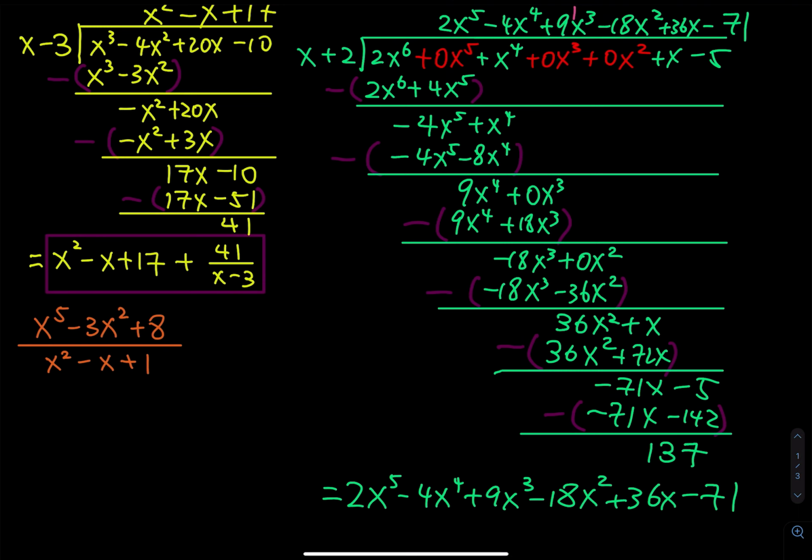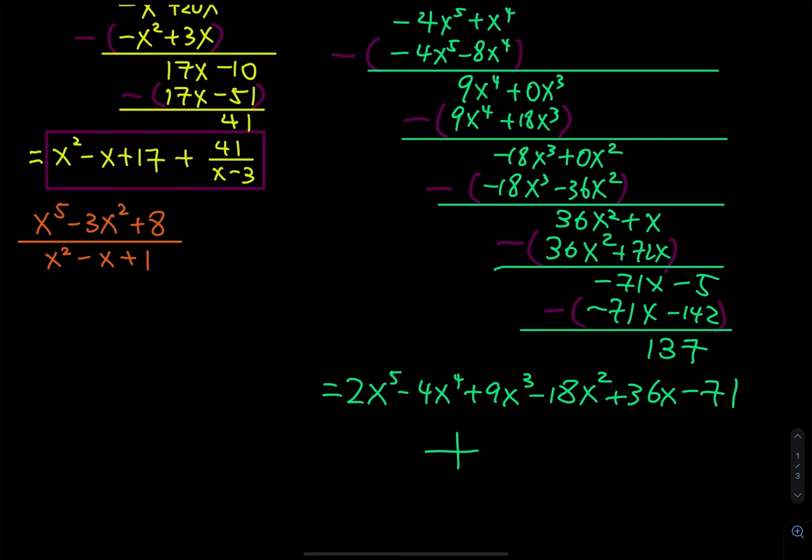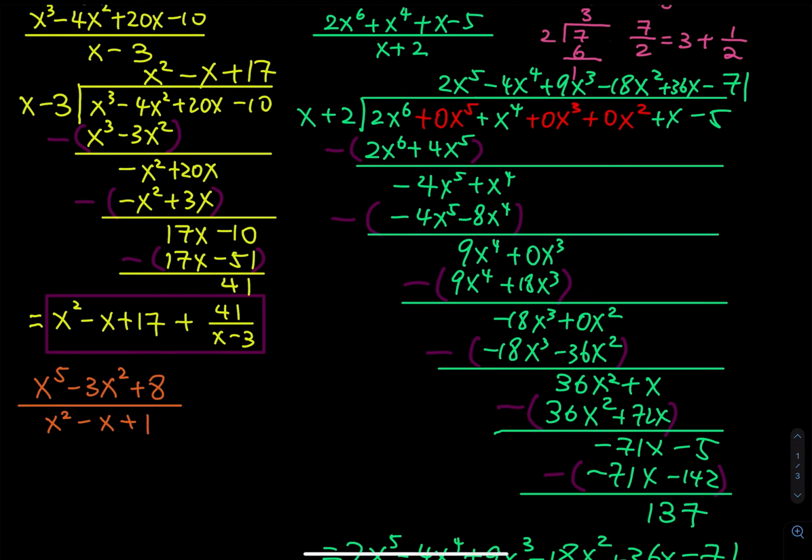Did I copy everything right? And then you plus the remainder divided by the divisor, which is x plus 2.